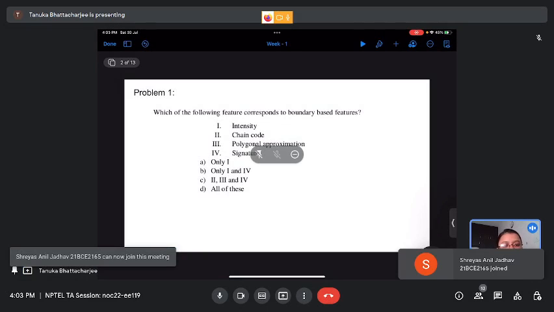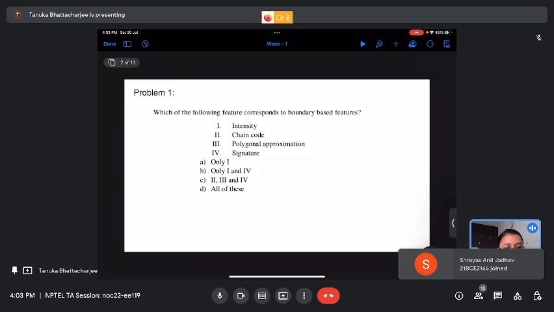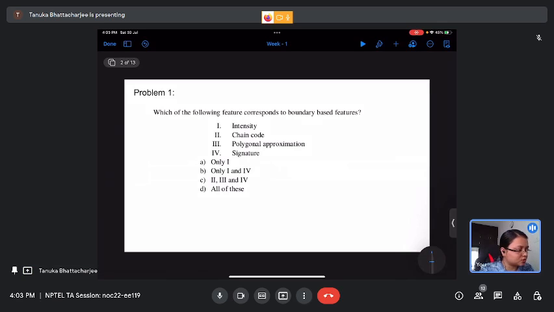As you know, boundary based features describe the shape of the object or the boundary of the object. For example, if we have some object like this, the features will describe this outer boundary or outer line, and these features have nothing to do with the inside content. We just focus on the outer boundary. Those are the boundary based features.